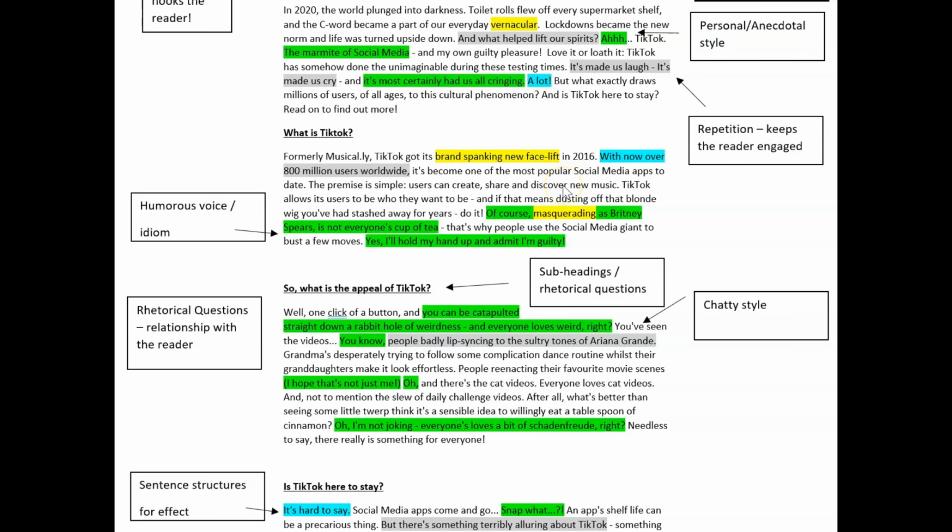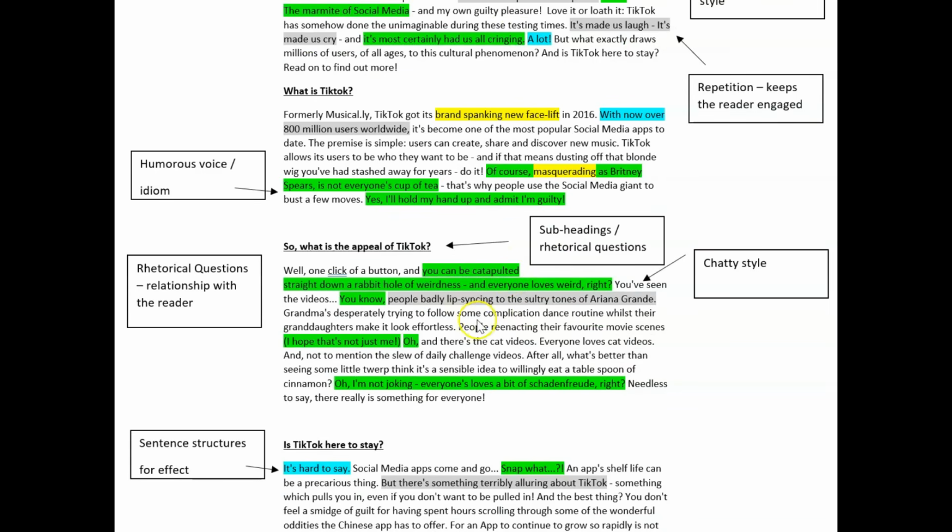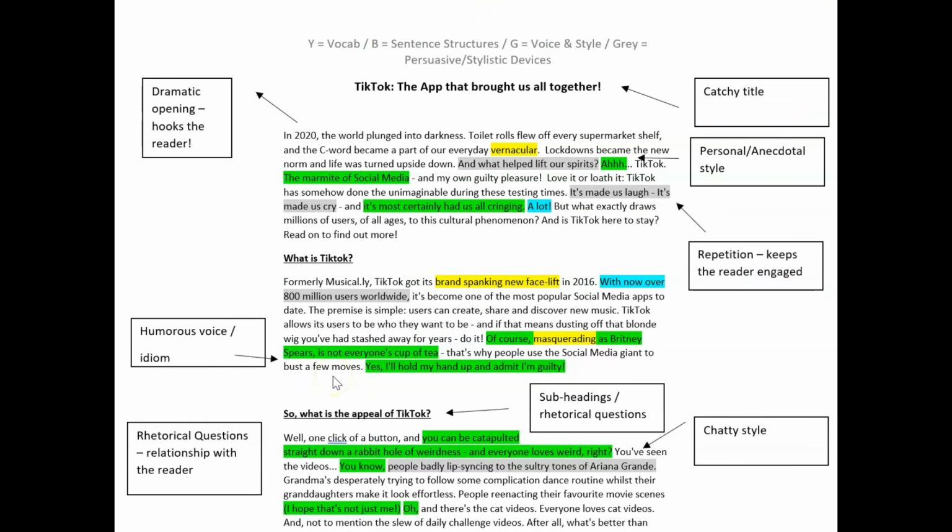You want to use a range of sentence structures. And sentences are really, really important because they help engage your reader. You do not want to use lots and lots of simple sentences. Variety is key.